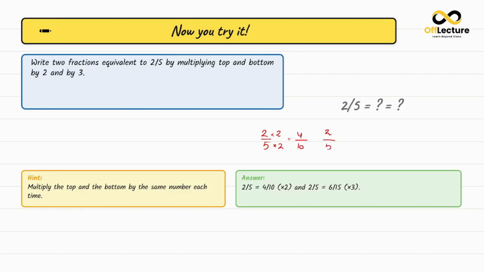Similarly, if we take 2 by 5 and multiply it by 3 and also here by 3, we will get 6 by 15, which is also the equivalent fraction of 2 by 5. So this is my answer, 4 by 10 and 6 by 15.